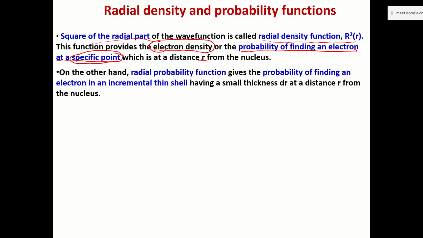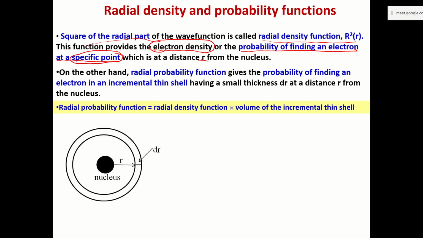In the same way, we visualize the electron to be arranged around the nucleus in concentric shells, and then you integrate this to get the overall probability. So you have to take the electron density into volume. Volume of what? This incremental thin shell, infinitesimally small, so that it has the thickness of dr. Very, very thin shell, and then you integrate the whole thing, you will get the overall probability.